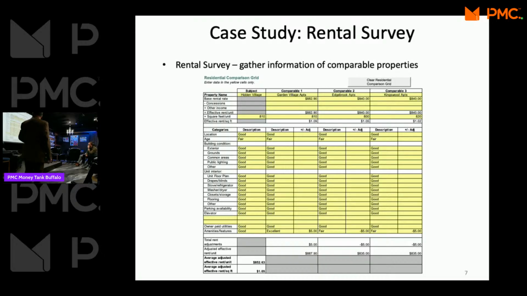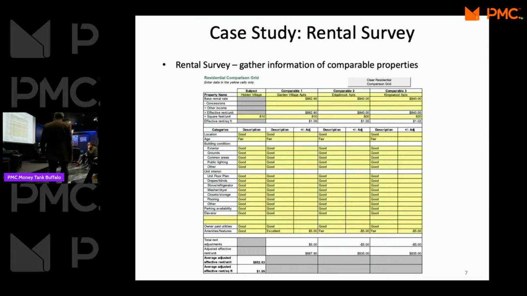But basically, we're looking at the subject property, Hidden Village, and then we're looking at some comps. Garden Village, Edgebrook, Kingswood. We used to own Hidden Village. There's the west side, 4 units.